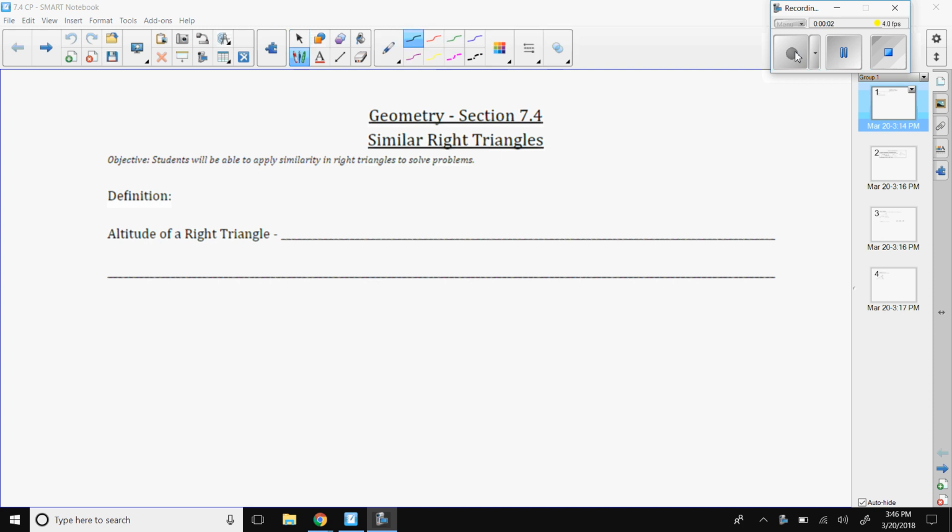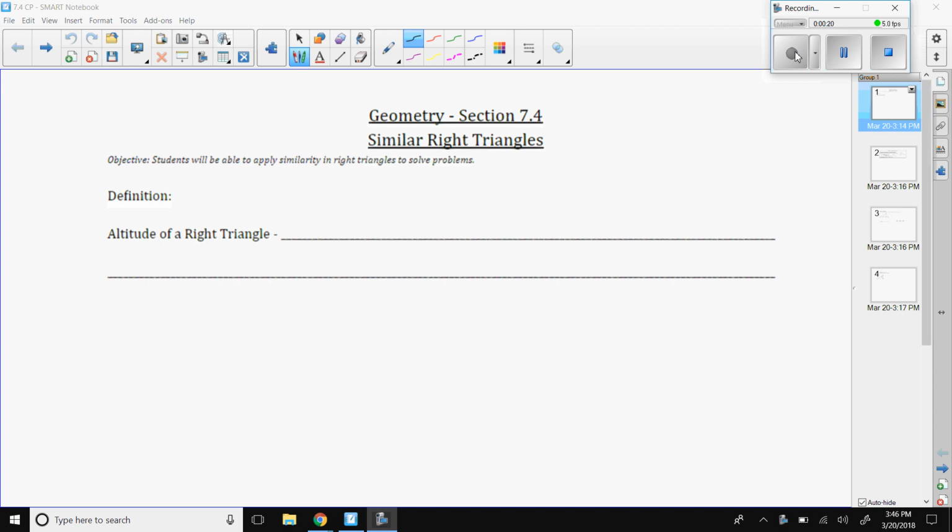Okay, so starting this next section, we're going to be talking about similar right triangles. Sticking with the similar part, we have to go through this definition of an altitude of a right triangle, or really any triangle.